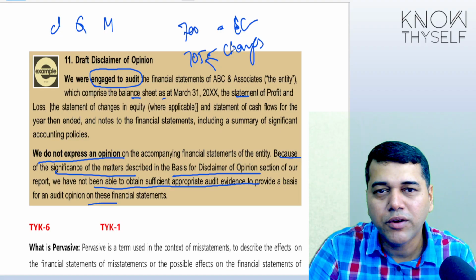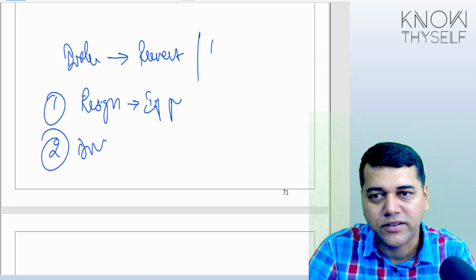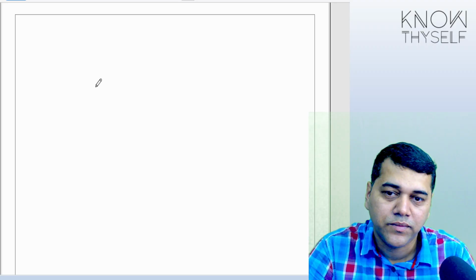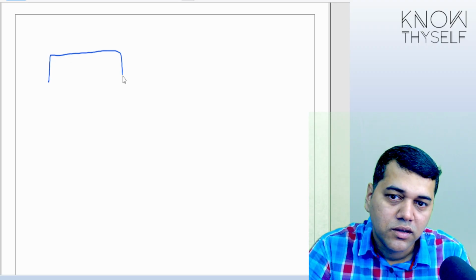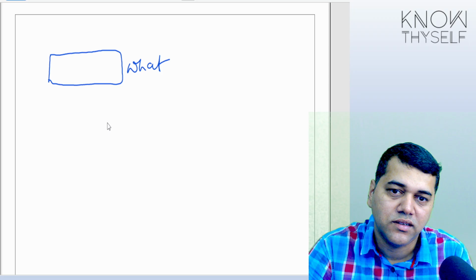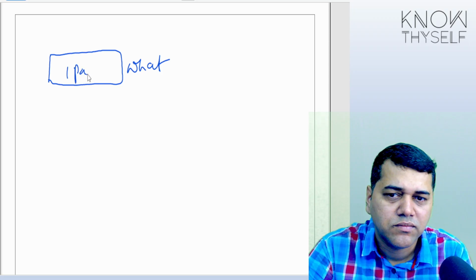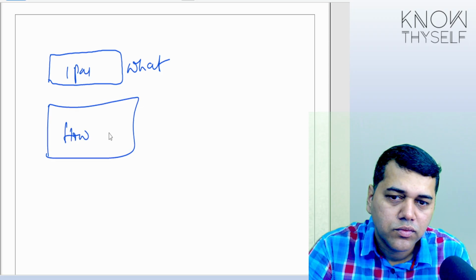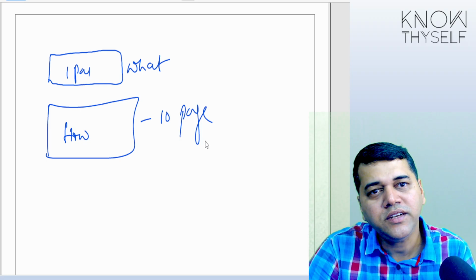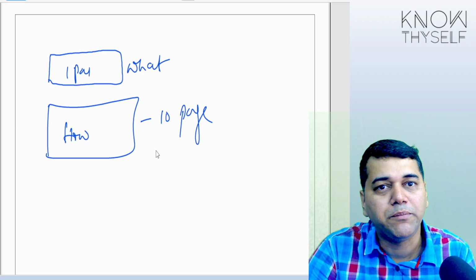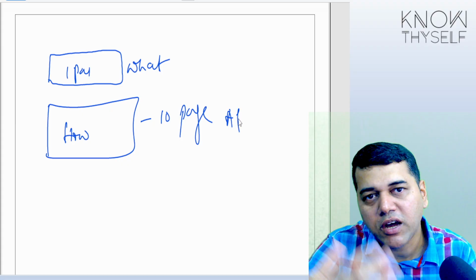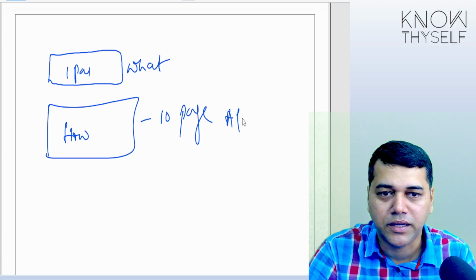Okay, just to give you an idea, students, just to tell you one concept. See, our education system till now, how it was designed: what it is, very one page; how to do it, 10 pages. Correct? What is it? Only one page. How to do it? 10 pages. But because AI has come, that requirement of how to do will be changing in the upcoming years.